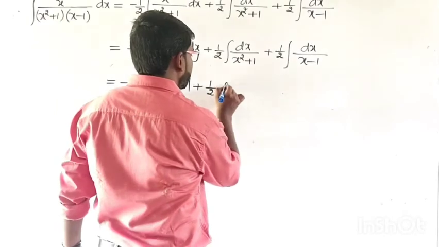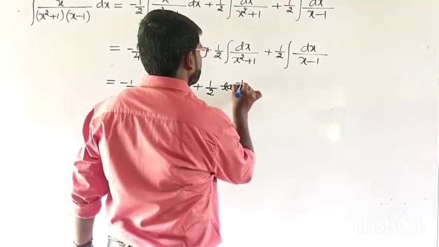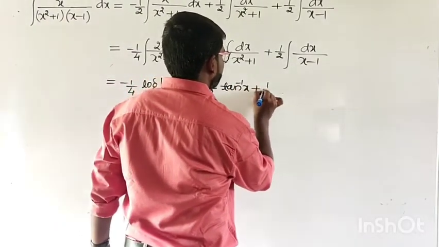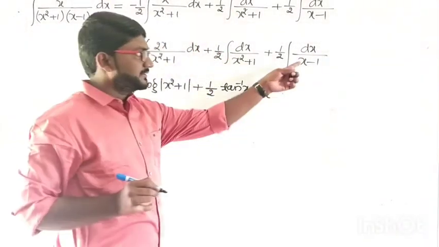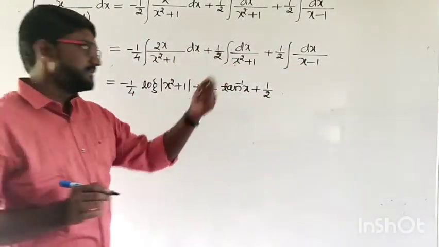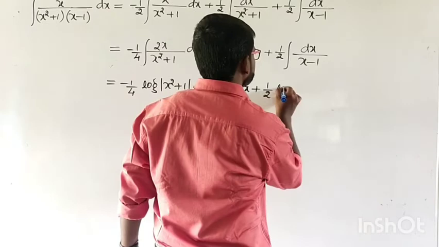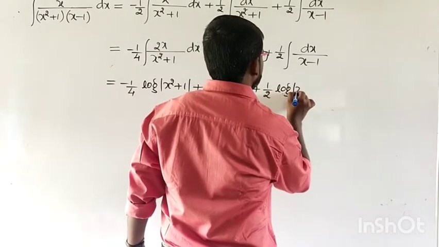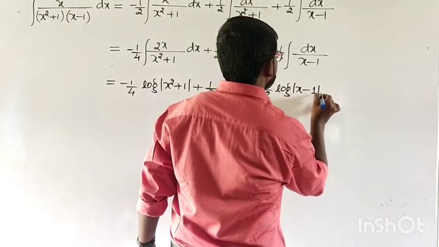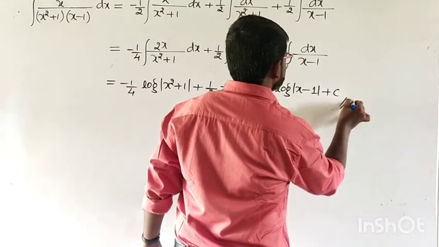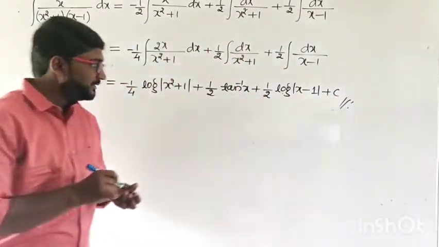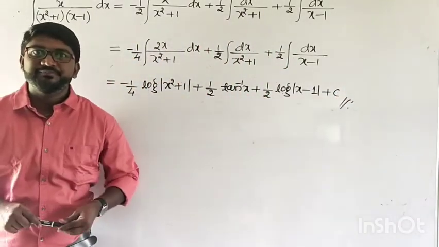So it is tan inverse x, plus 1 by 2 as it is, then this is nothing but log mod x minus 1 plus c.